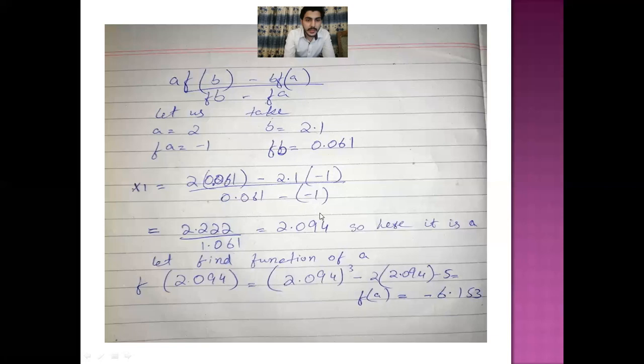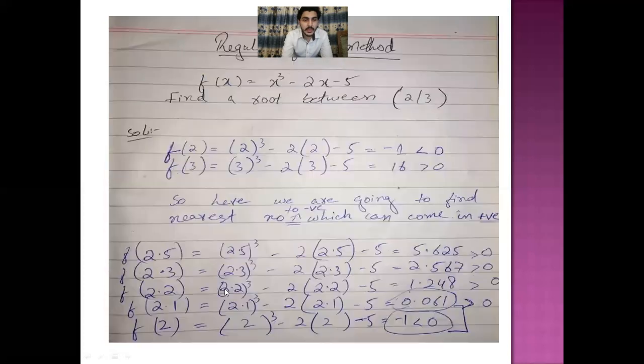So now I have multiplied it, also multiplied it and then subtracted, and also these two, and I have got this 2.222 upon 1.061, and then I have divided it and the answer I got 2.094. So here it is a, we are assuming that it is a. Now we are finding the function of a. So the function of a is 2.094.